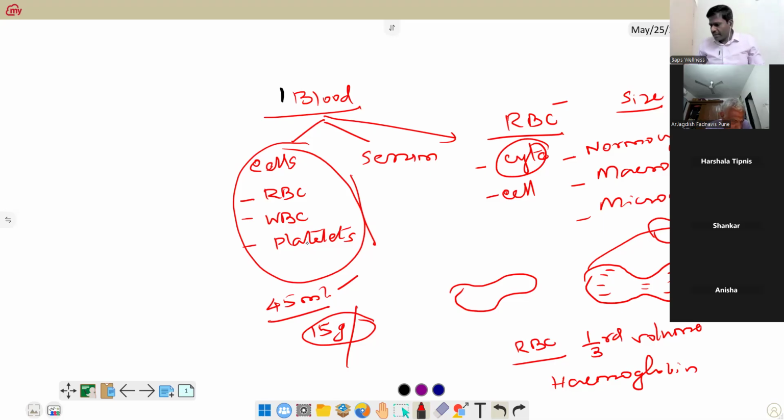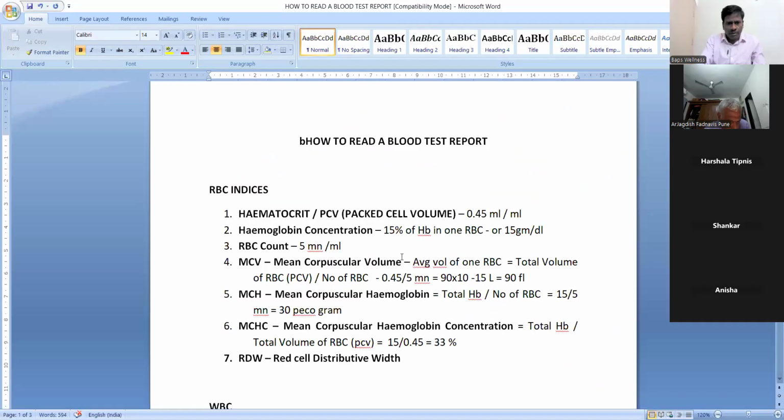So if you calculate the MCV, that is mean corpuscular volume, that means in one cell, what is the average volume that can accommodate the hemoglobin?